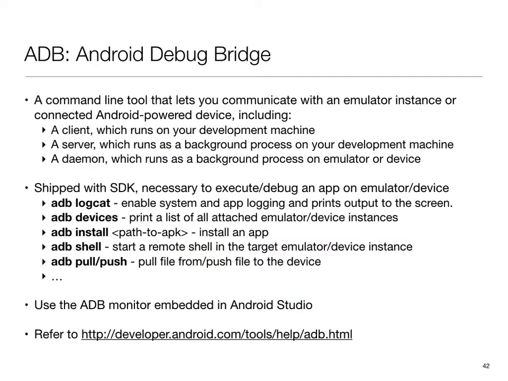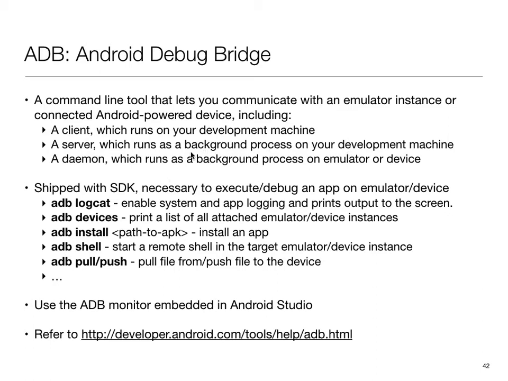And this is ADB, what I was talking about before. It's a command line tool that allows you to communicate with either your emulator instance or your Android device. There's a client that runs on your development machine, and the server runs as a background process on your development machine as well.